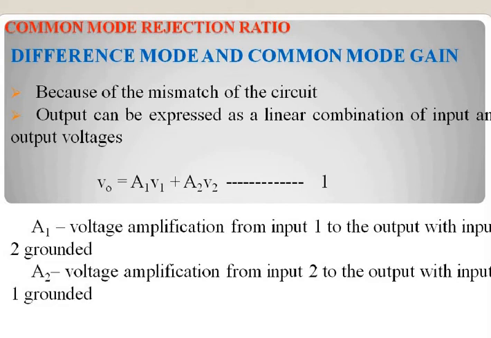That is, A1 V1 is the output voltage when only V1 is applied, and A2 V2 is the output voltage when only V2 is applied. So altogether, when V1 and V2 are applied, V0 equals A1 V1 plus A2 V2.